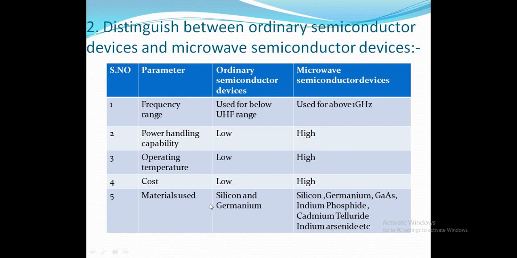Coming to the materials used, for ordinary semiconductor devices we use only silicon and germanium. For microwave semiconductor devices, we use silicon, germanium, gallium arsenide, indium phosphide, cadmium telluride and indium arsenide.